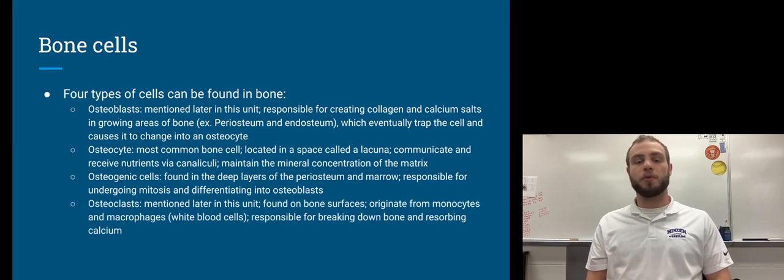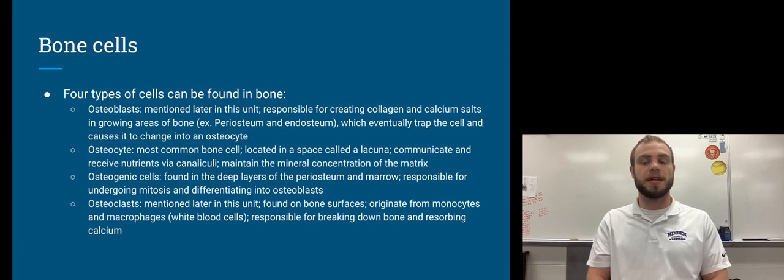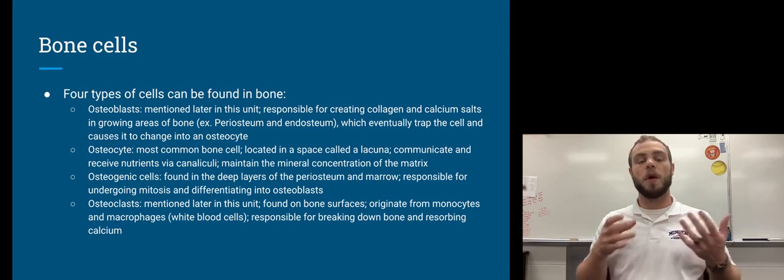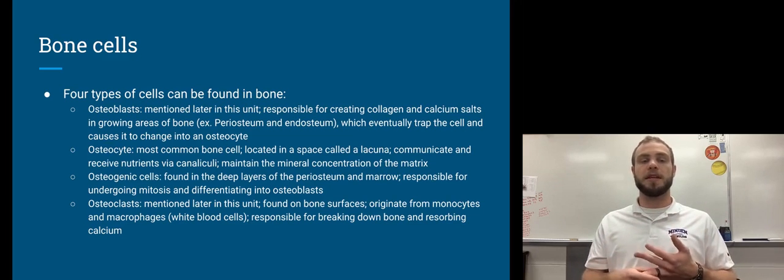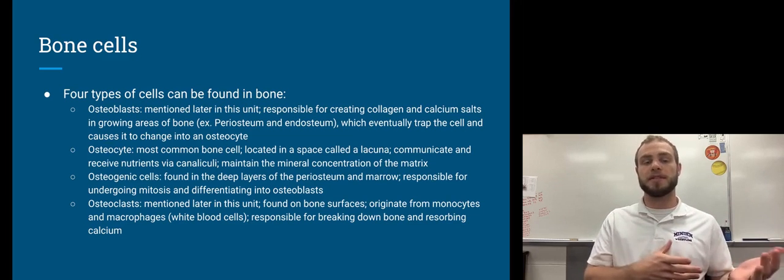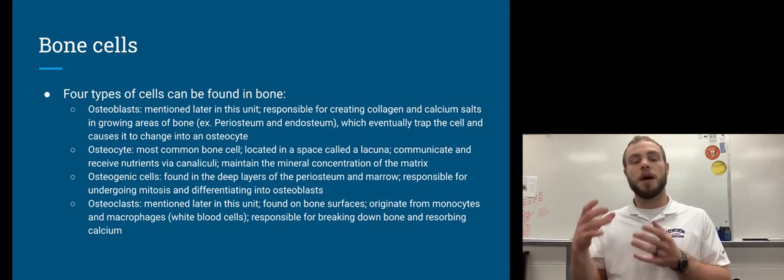Osteoclasts are another important cell. They're going to be found on the surfaces of bone. They actually don't come from the osteogenic cells. Instead, they're going to come from the line of white blood cells. And they're going to be responsible for breaking down bone and resorbing calcium. So in a later video, we'll see the balance that your body strikes between the osteoblast and the osteoclast.